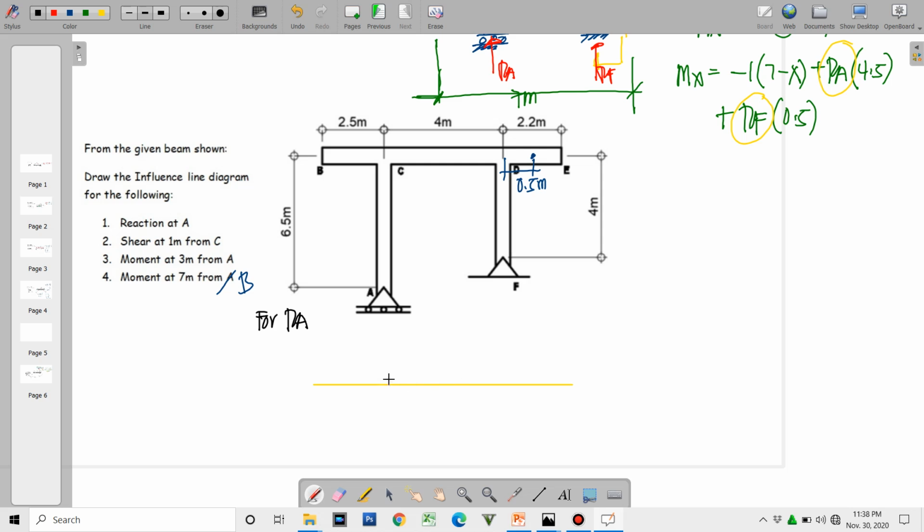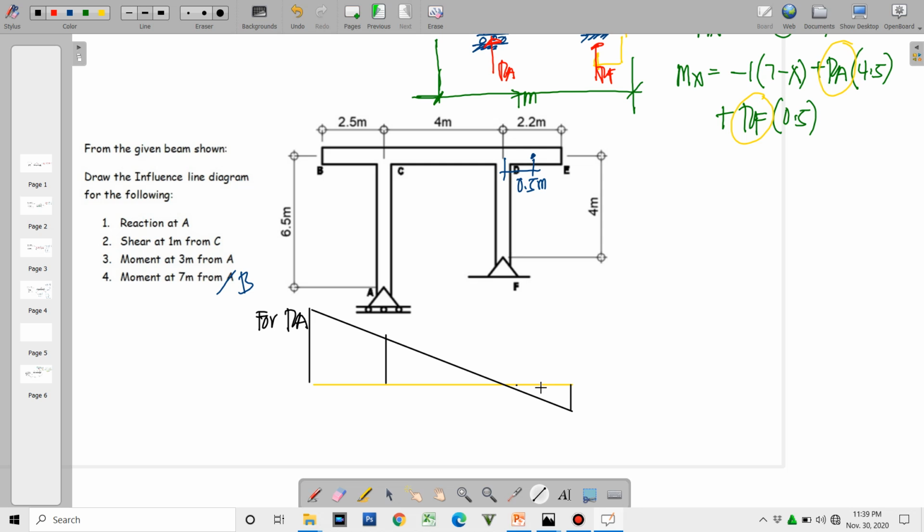We have to allow movement at E, of course, that is restrained along F. See, that is the diagram.